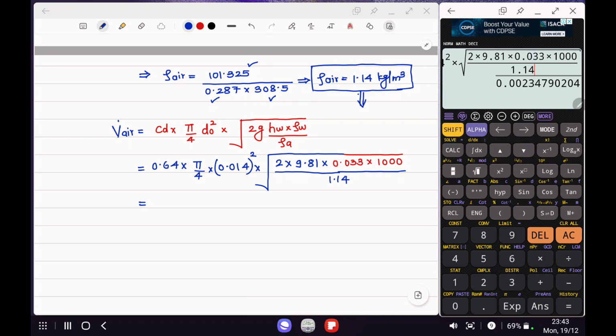So the flow rate comes out to be 0.00234. That is your answer. So I will just put it here. So flow rate is 0.00234. The unit of this will be meter cube per second.